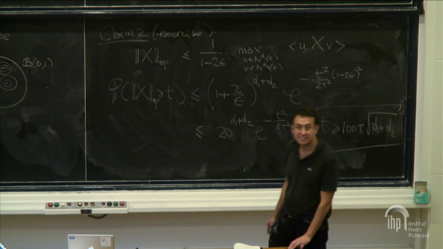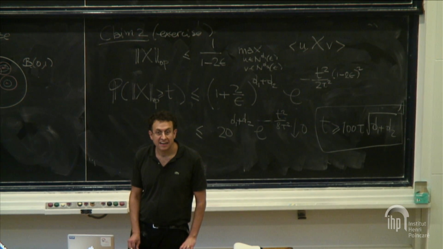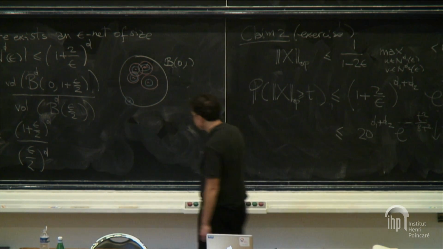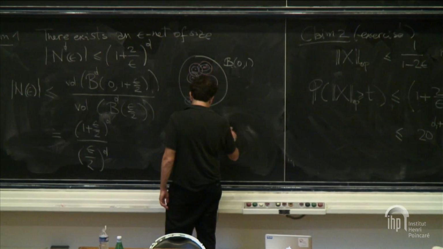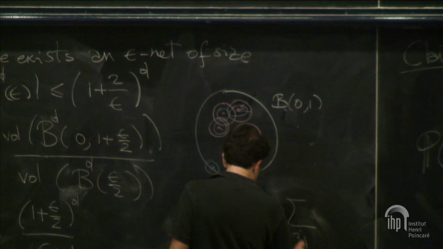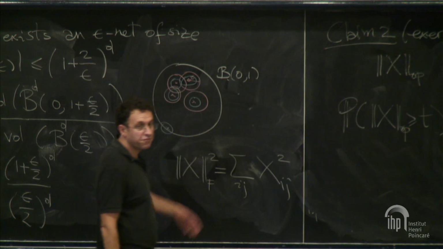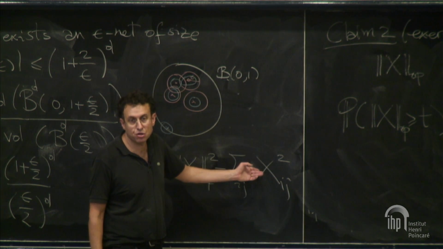Yeah. So what happens for other norms, for the Frobenius norm, for example? Well, the Frobenius norm is a much simpler object, right? If you have IID entries, this is the sum of IID numbers.